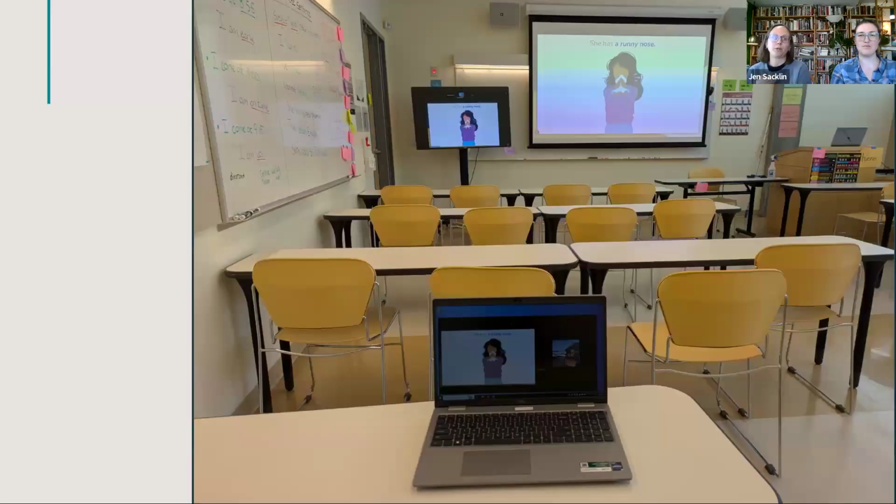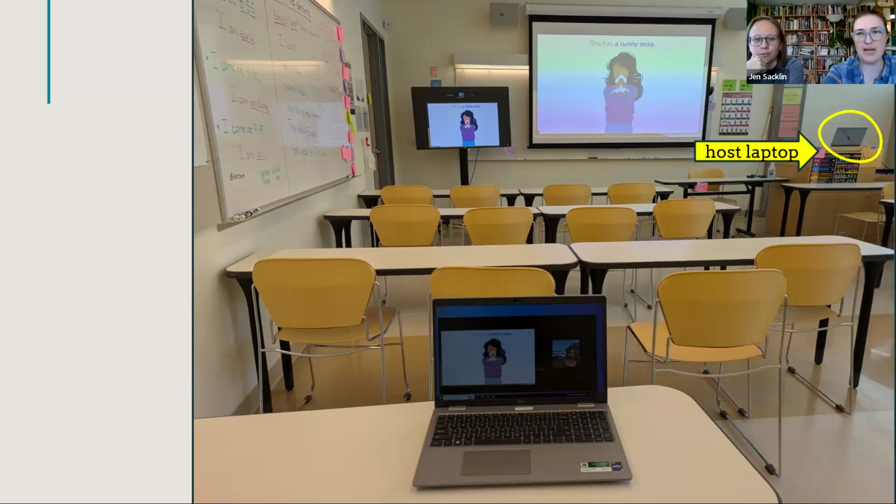The next piece is how we set up the classroom for interpreters. So this is a photo taken from a deaf student's perspective if they have a remote or Zoom interpreter. So there's a lot of devices in this photo, and I'm going to highlight them. So up at the very front of the room, you have the host laptop. So this is the teacher's laptop that they're using to host a Zoom session and present a Google Slides or PowerPoint presentation.